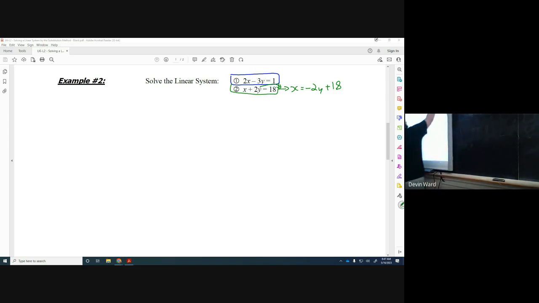Okay, so this is still equation number 2. I'm going to sub equation 2 into equation 1. So I have 2x minus 3y equals 1.